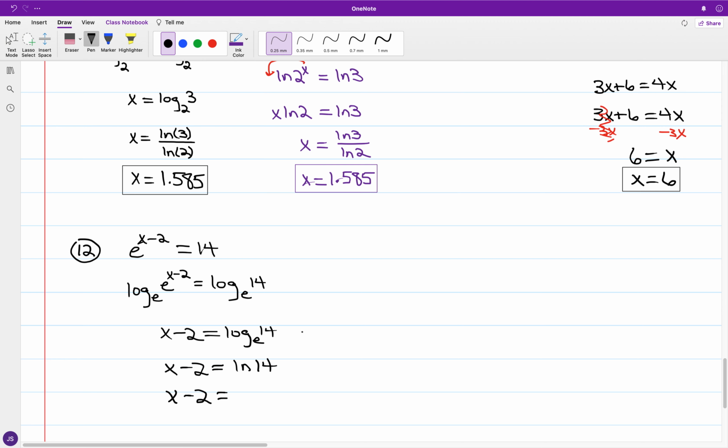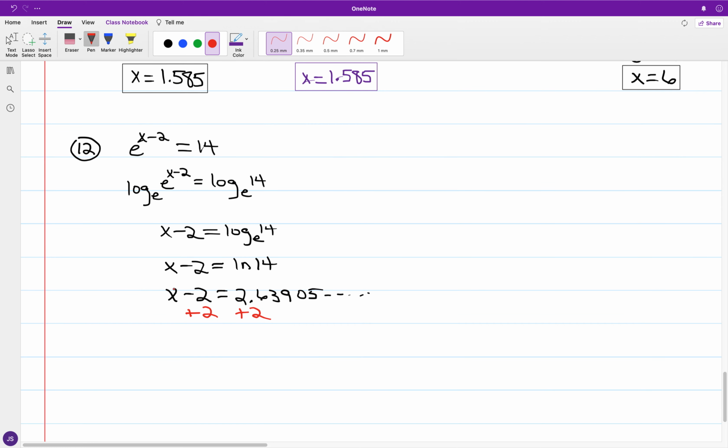Now the natural log of 14, again, is that 2.639 number. Following through by adding 2 to both sides, it turns out that x, when rounded to the nearest 3 decimal places, is going to be right at 4.639.